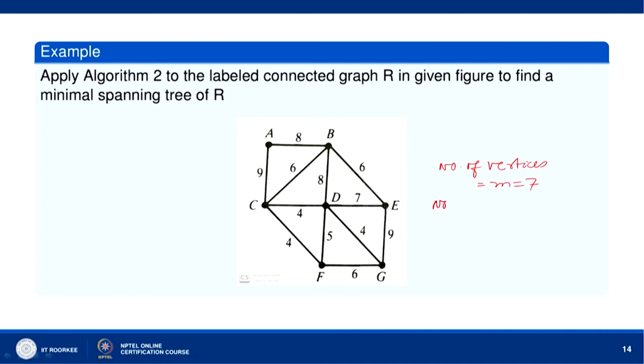So, the number of edges in the minimal spanning tree will be 6. Now, let us add edges to the vertices of this graph G, and ensure that no circuits or cycles are formed until we have got 6 edges in the graph.